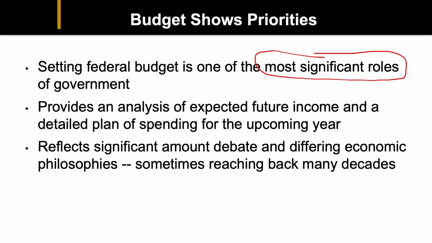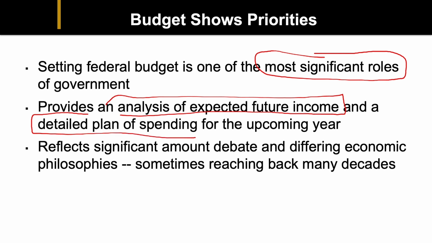They're spending your money, they're taking your money in revenue, they're spending your money. It should show their priorities. And the budget itself provides an analysis of expected future income and a detailed plan for spending for the upcoming year. That's what it is in theory.